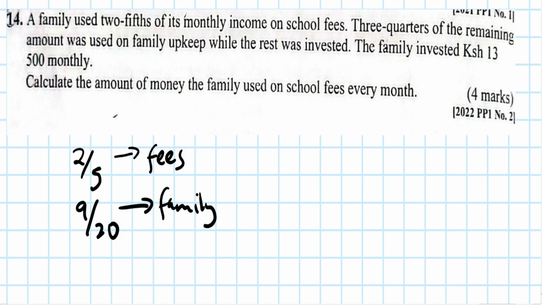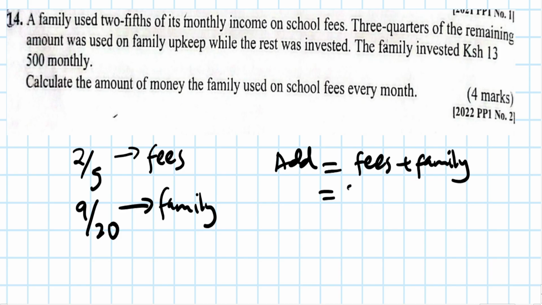Now, how much is the rest? Let's add the fees plus the family first. Fees being 2 over 5 plus family 9 over 20.